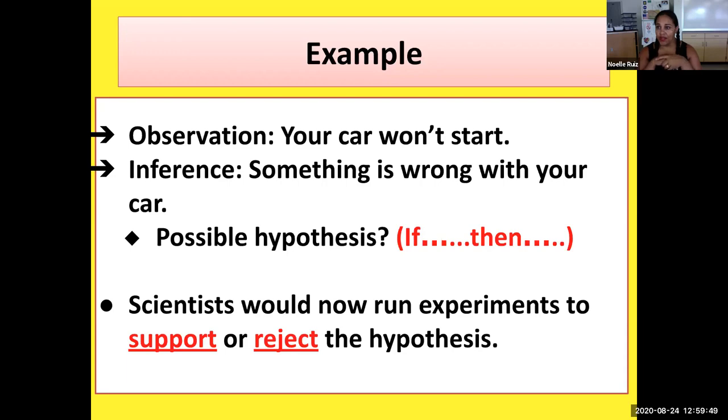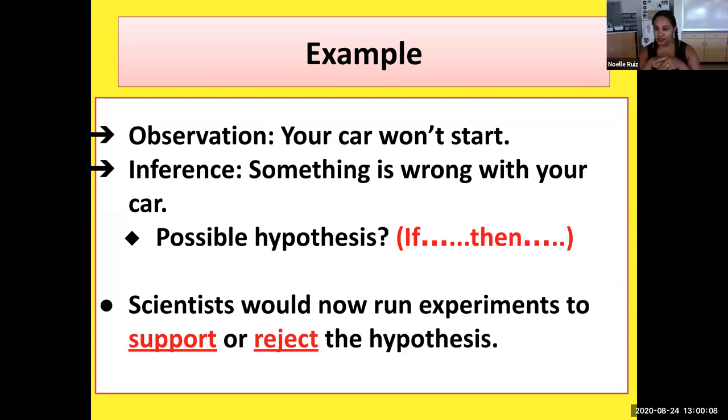All right, so now that you've named things that could be wrong with your car, put it in an if-then statement. If I do this, then what's the end result? What do you want to happen to your car?